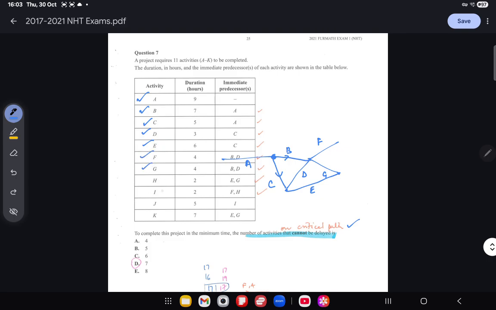G we have. H takes off from E and G, but well, H joins F, so that's H.